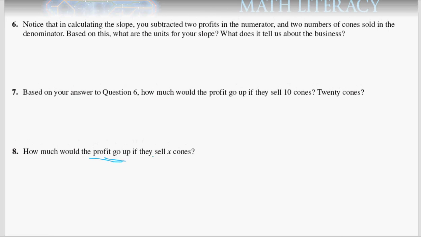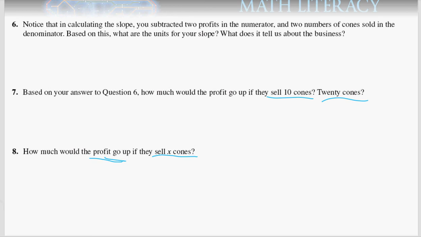So if they sell X snow cones, that kind of refers back to the previous question. How much would their profit go up if they sell 10 more snow cones? How much would it go up if they sell 20 more snow cones? And people aren't really having trouble with that question. They know how to calculate the profit if they know how many snow cones.